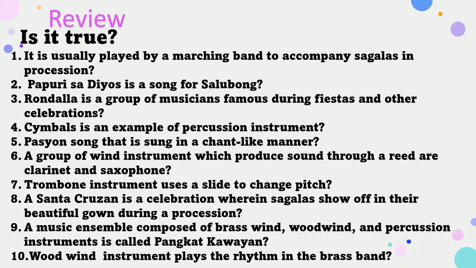A group of wind instruments which produce sound through a reed are clarinet and saxophone. Number 7. Trombone is an instrument that uses a slide to change pitch. Number 8. A Santa Cruzan is a celebration wherein sagalas show up in their beautiful gowns during a procession. Number 9. A music ensemble composed of brass, wind, woodwind, and percussion instruments is called pangkat kawayan. And lastly, woodwind instrument plays the rhythm in the brass band.